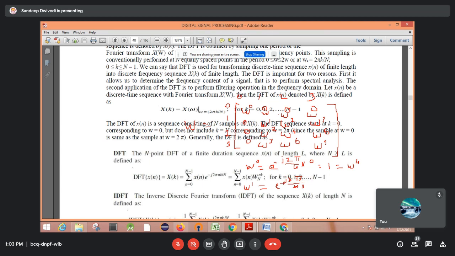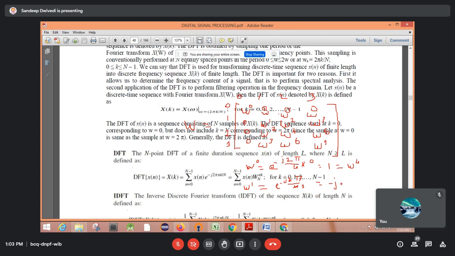So e raised to power minus pi by 2. If you put the values, this will be cos pi by 2, that is 0, then minus j sin pi by 2, sin pi by 2 is 1, so this will be minus j. So this has value minus j. In your calculator you can do this.